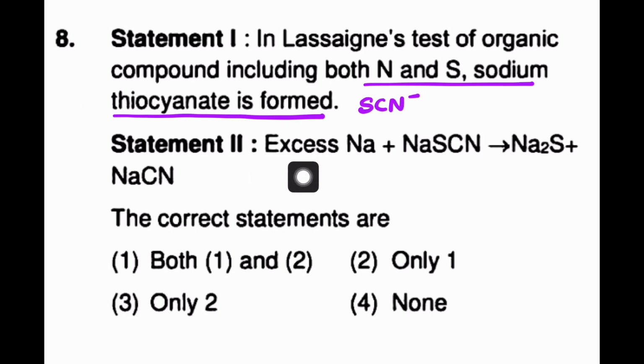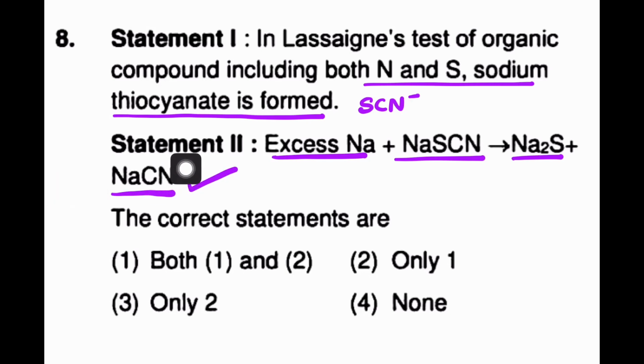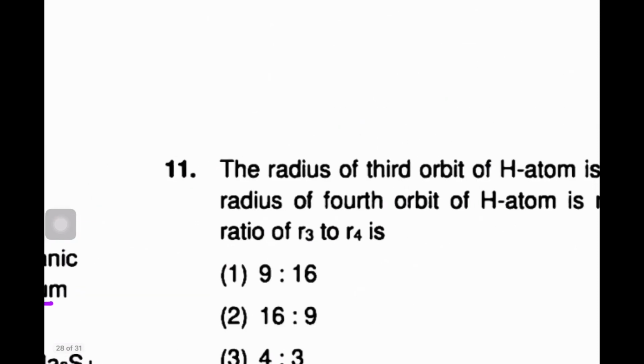Now statement 2: excess of sodium plus sodium thiocyanate gives you sodium sulfide and sodium cyanide. This is also correct; in fact, this reaction is given in NCERT in the POC chapter. So statements 1 and 2 both are correct. So it is the first one. Next one.